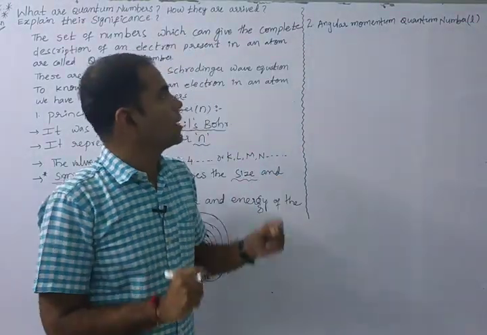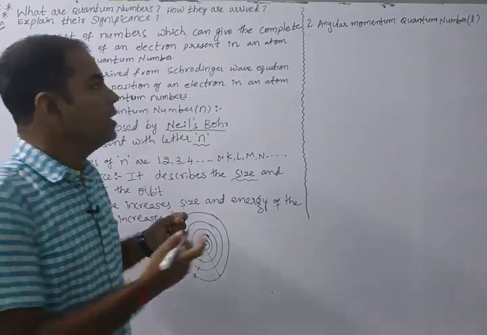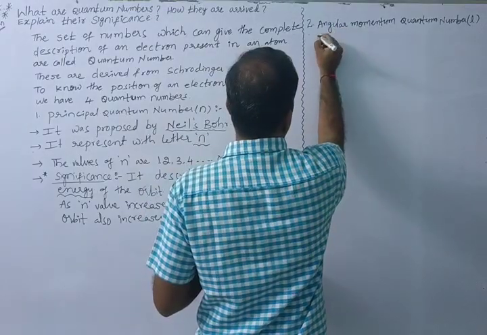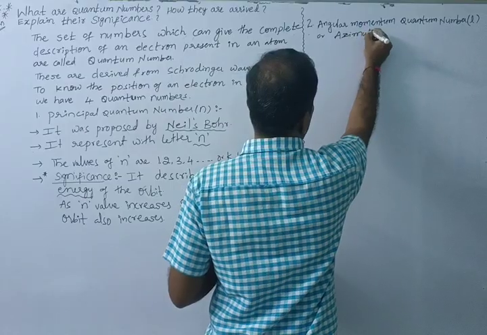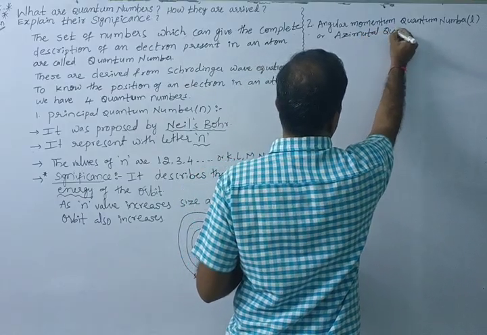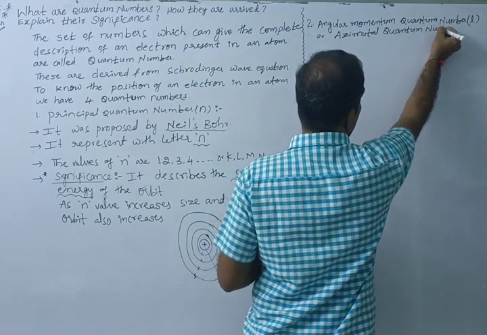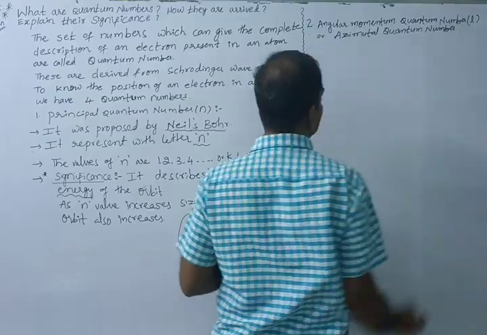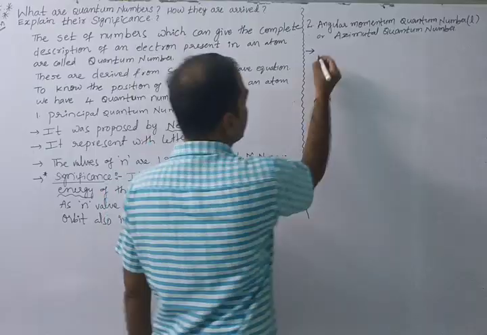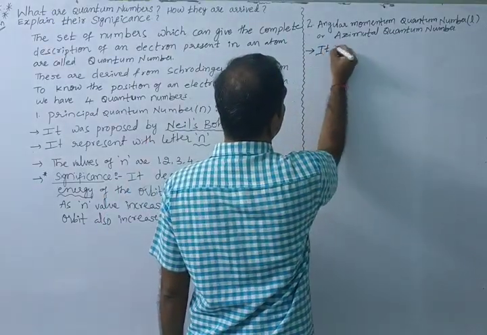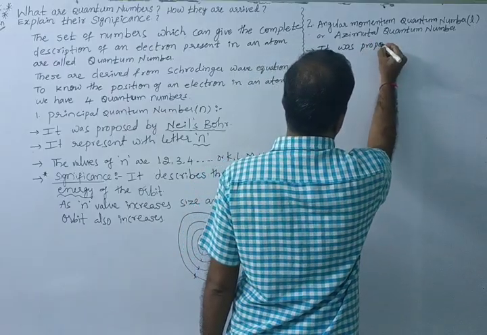Angular momentum quantum number is otherwise also known as azimuthal quantum number. It was proposed by Sommerfeld.